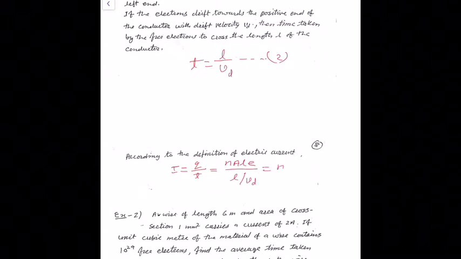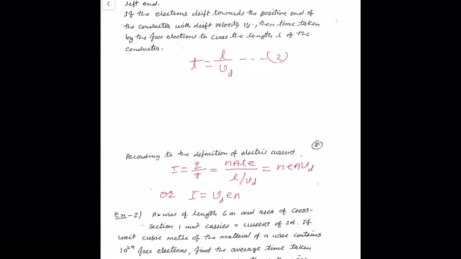So I equal to n e A Vd, or I equal to Vd e n A. It is equation third.